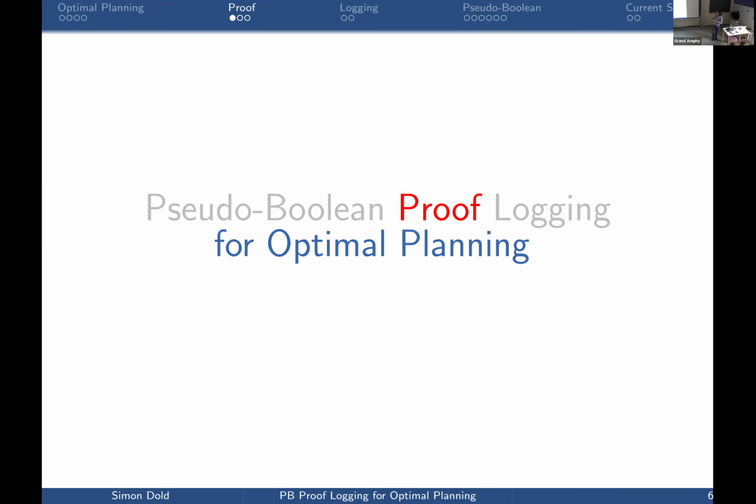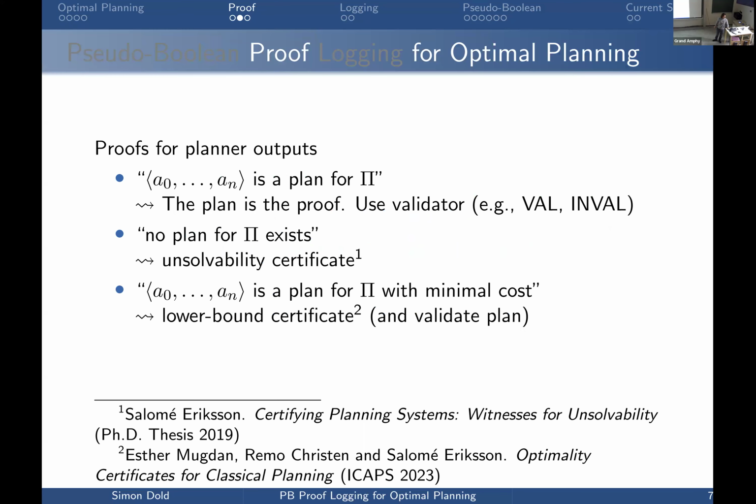Okay, and now we're getting to the proof for optimal planning. Once I found an optimal plan, how could I convince you that it is optimal? And there's already some line of research on that.